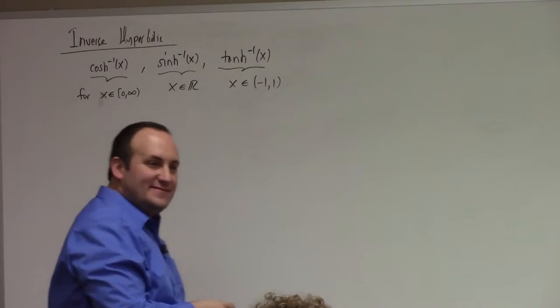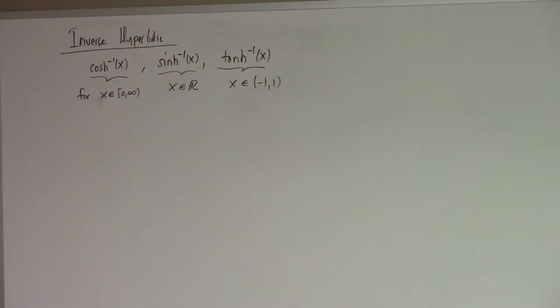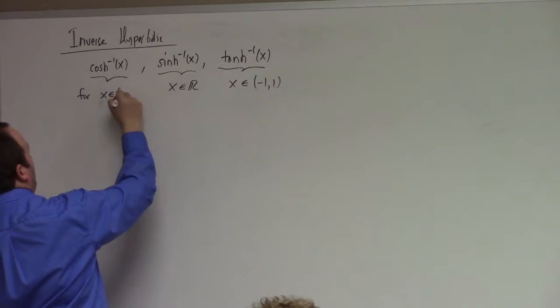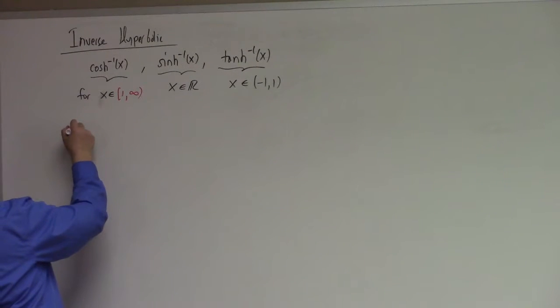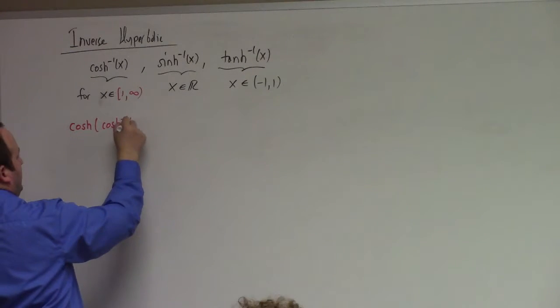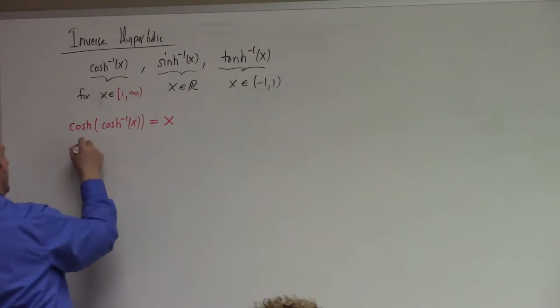Why is it wrong? The domain of inverse hyperbolic cosine has to be the range of hyperbolic cosine. What's the range of hyperbolic cosine? Right, so that can't be right. I have to write 1 to infinity. And by the way, we have this: cosh of inverse hyperbolic cosine of x is just going to be equal to x again for what?